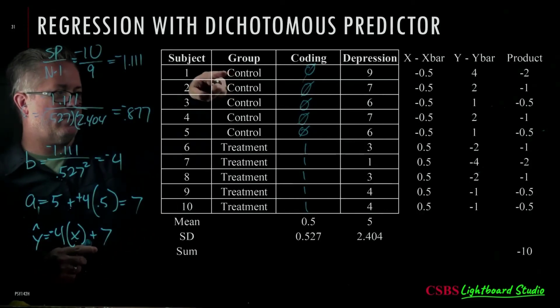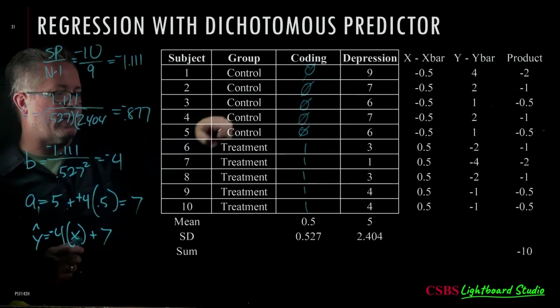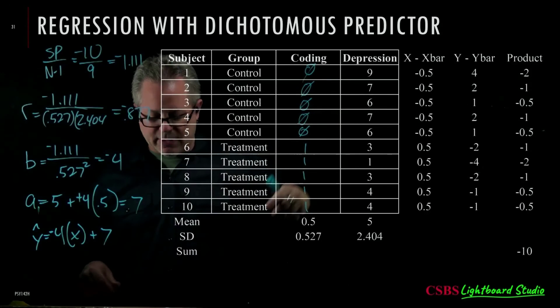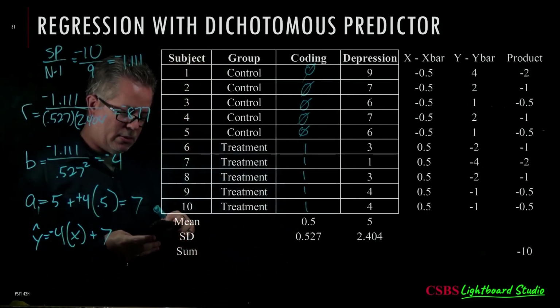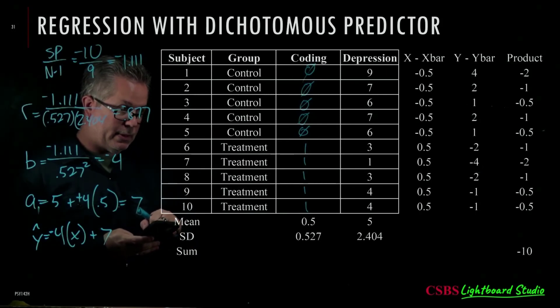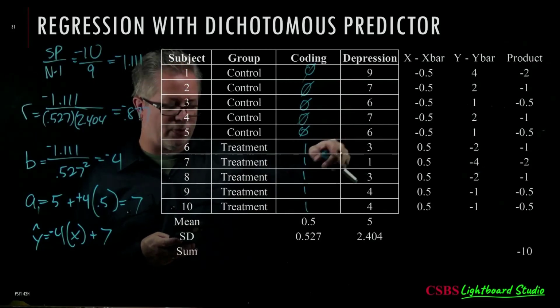All right, so my y predicted for all these is going to be 7. Well, why? What's 9 plus 7 plus 6 plus 7 plus 6? I just summed up all the depression scores for the control group.